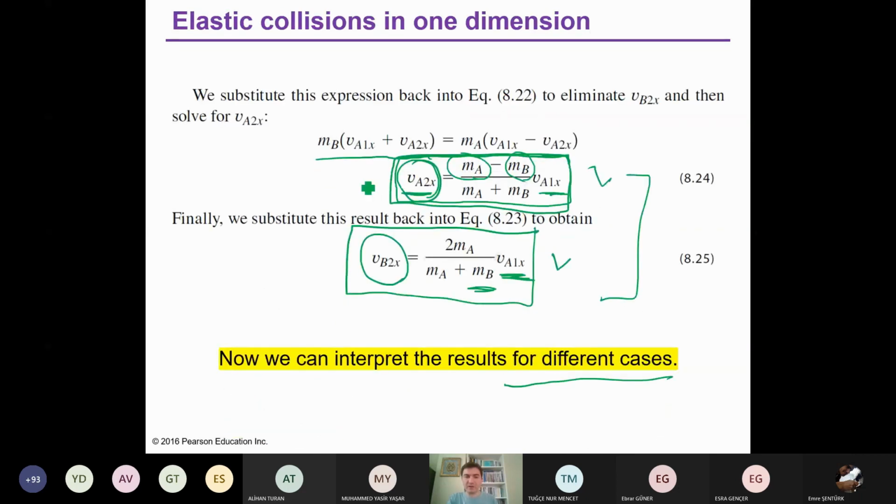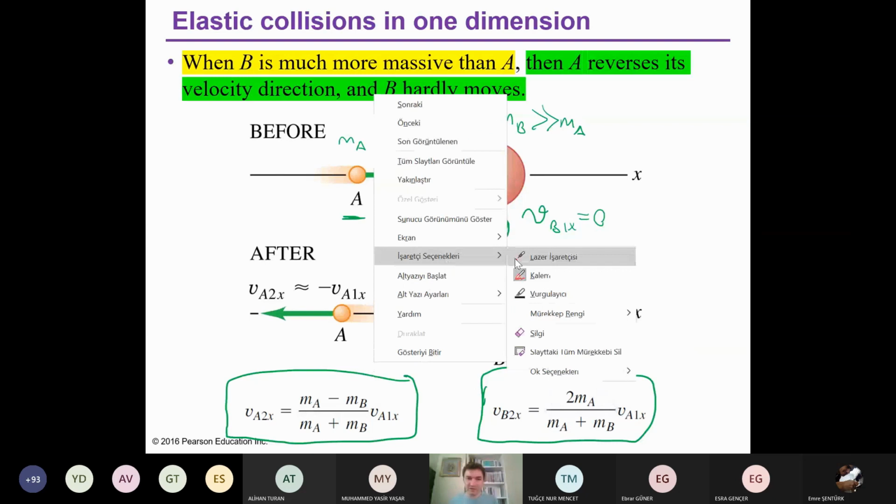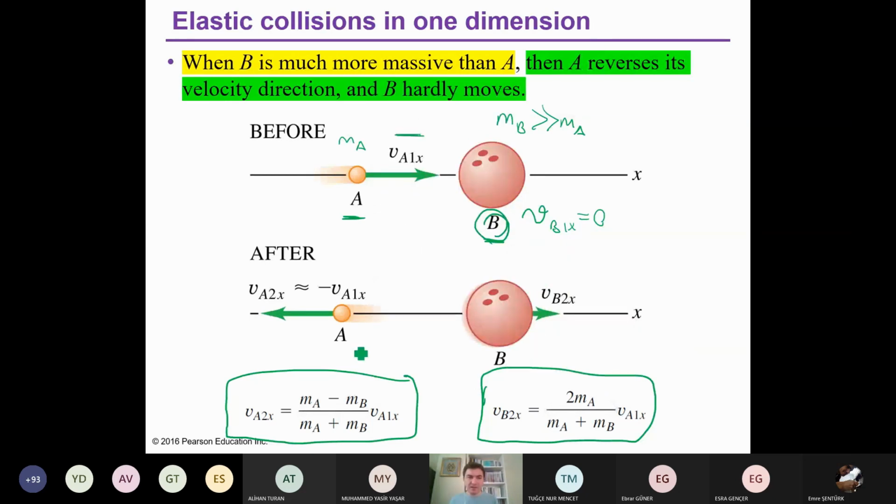In the previous transparency, we calculated the final velocities of the balls in an elastic collision if the B ball is at rest. Now I will apply these two equations to this example. Let's try to calculate the final velocity of the A ball.